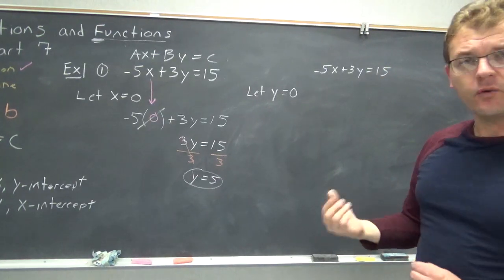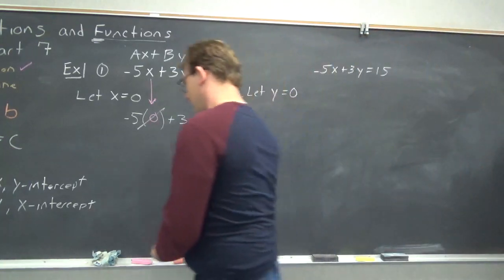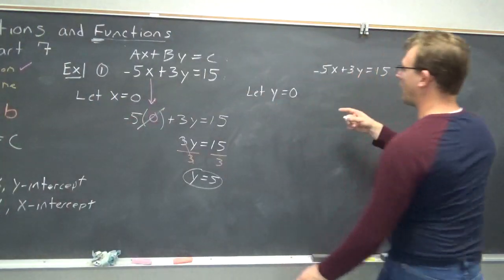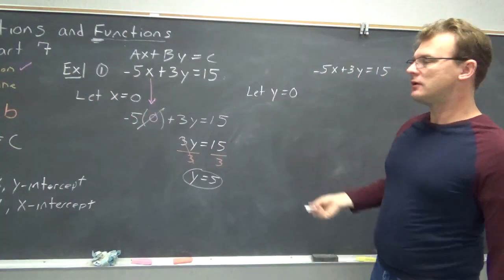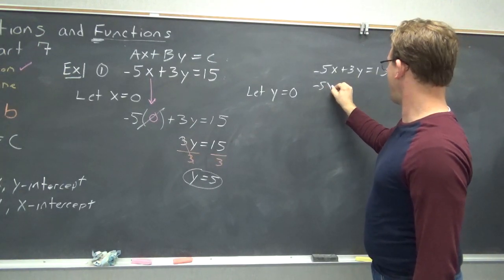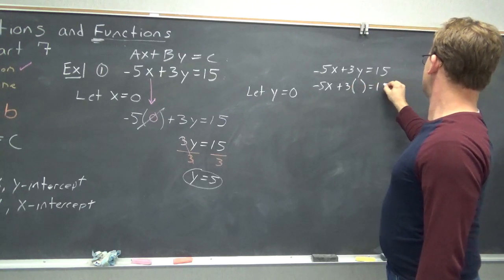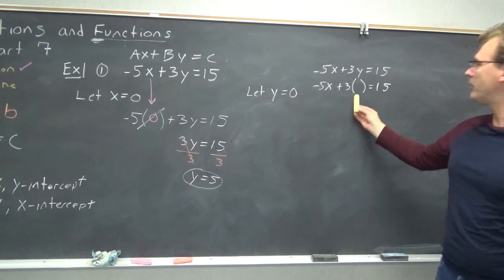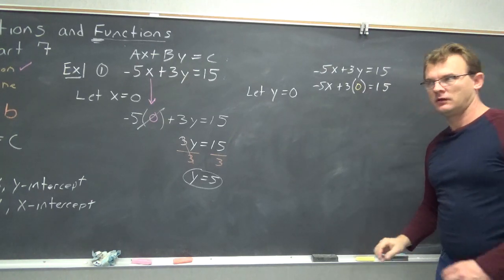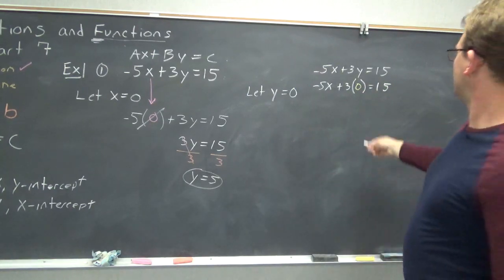I'm just rewriting the equation again, but this time I want to put in y equals 0. So -5x plus 3 parentheses 15. What am I putting in here? I'm putting in 0, because I'm trying to get the x by itself.